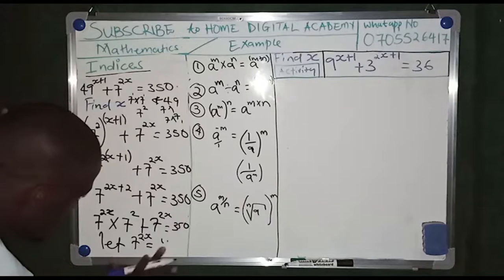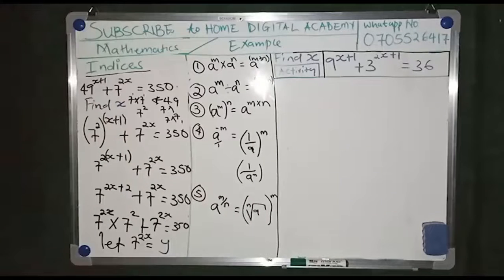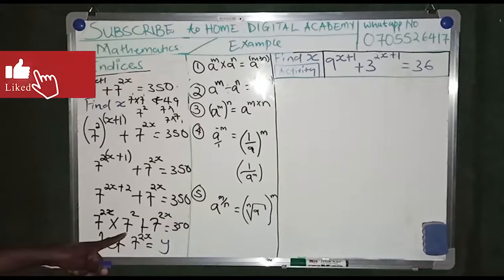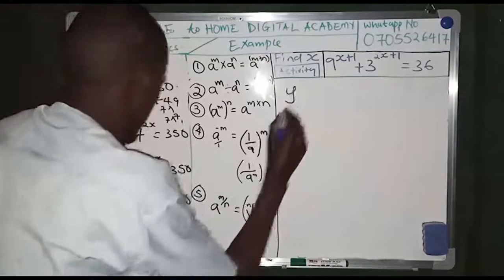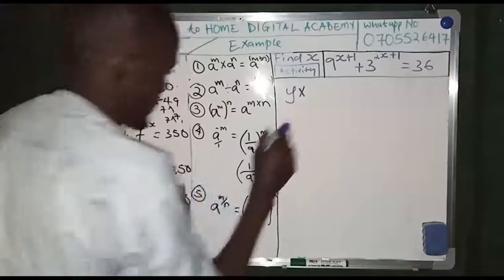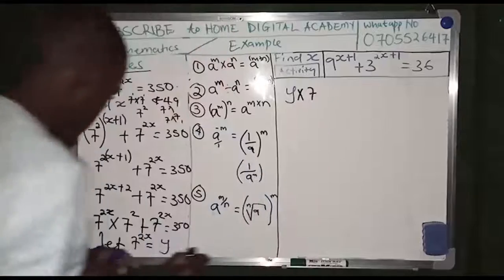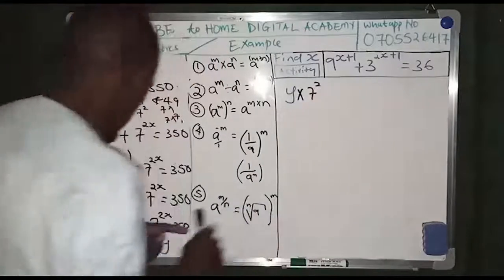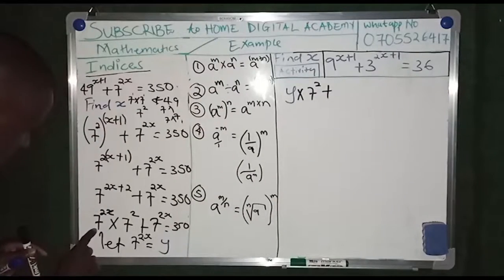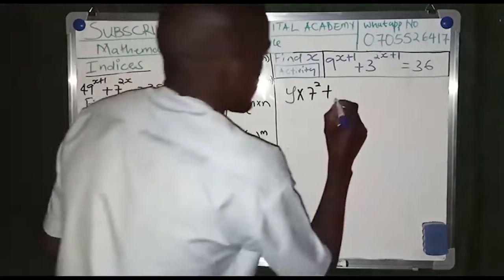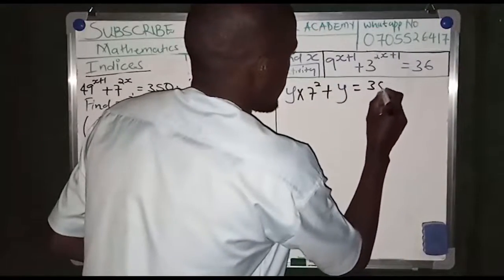So I will write y times 7 squared, then plus, whenever I see 7 to the power 2x, I put y. So I will say plus y, equaling 350, like that.